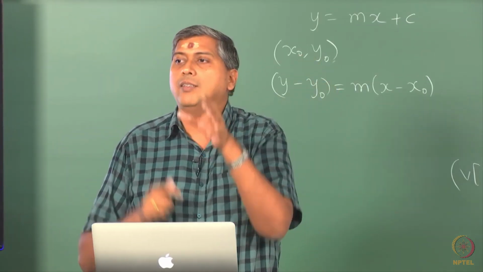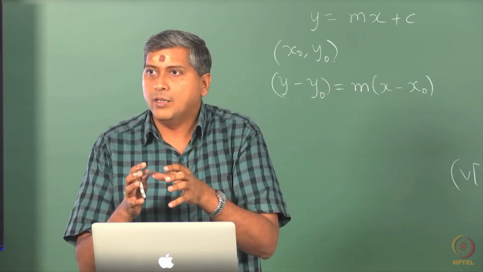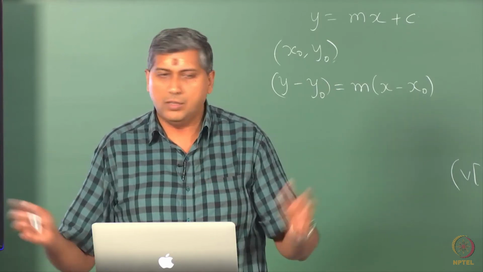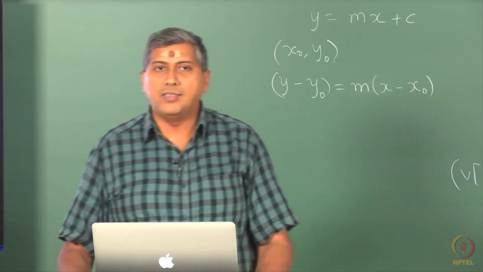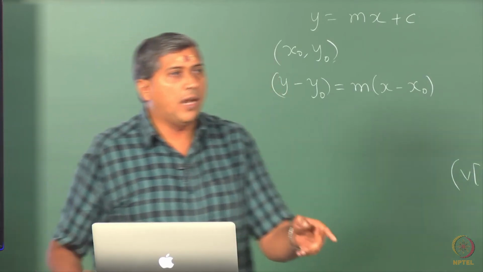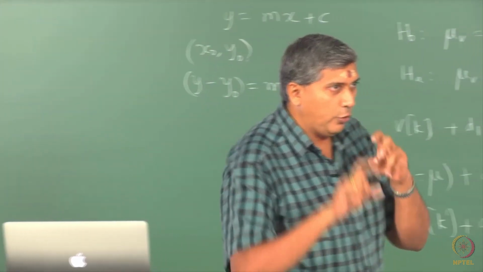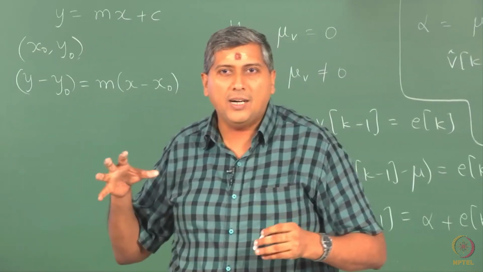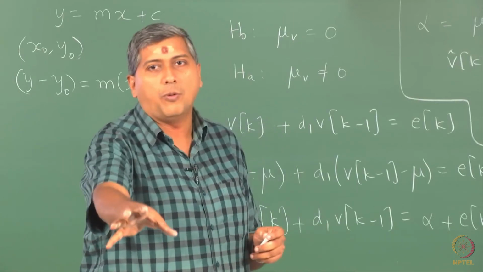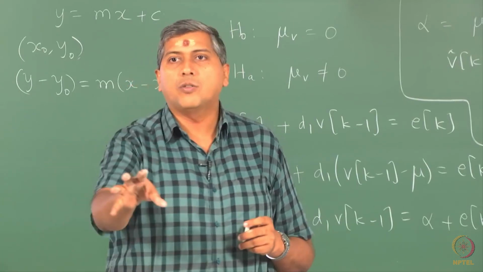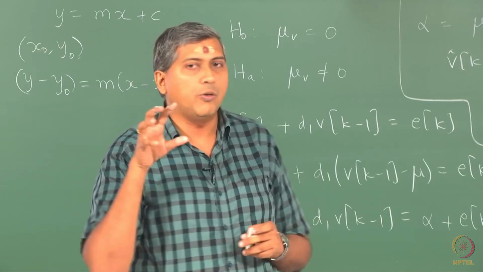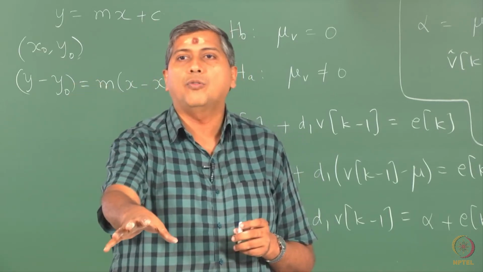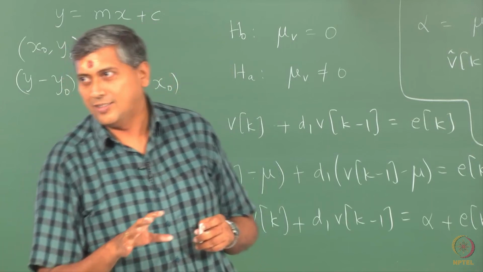The underlying principle is I have a predictor that I have written assuming it to be AR1, and D1 is the decision variable, and I want the algorithm to tune D1 such that V hat of k is taken as close as possible to Vk. Now, as close as possible is a qualitative statement. In the least squares approach, what we are saying is drive it in the sense of least Euclidean distance.